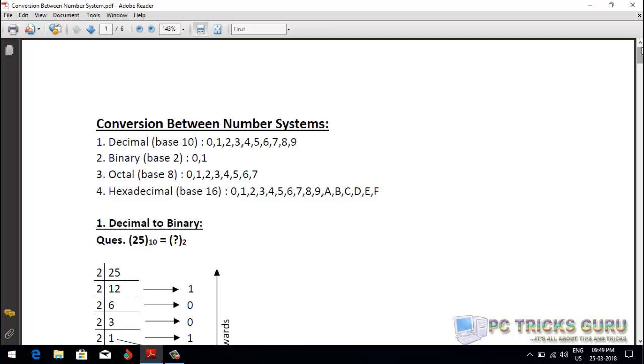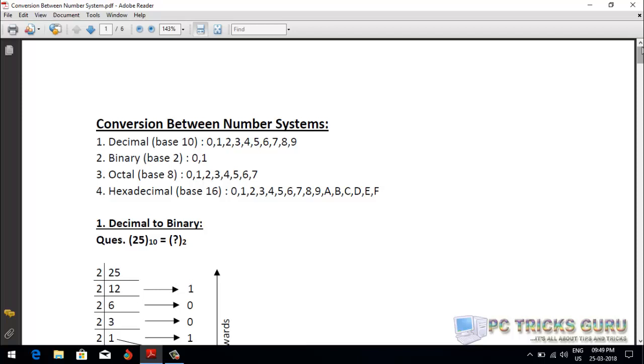As we already know, we have four kinds of number systems: decimal, binary, octal, and hexadecimal. Decimal numbers are represented with base 10, and they contain the numbers from 0 to 9. Binary numbers are represented with base 2, and binary contains the numbers 0 and 1 only.